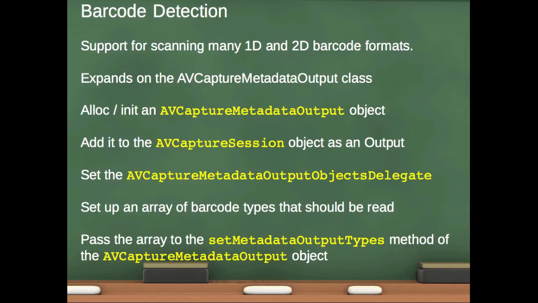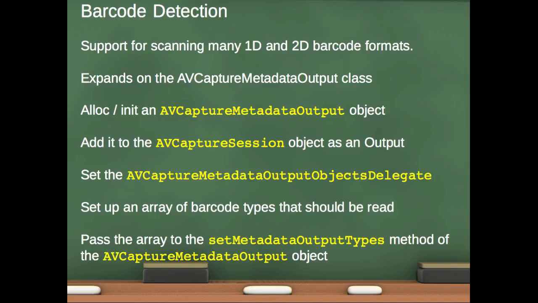So the process for programming this is to allocate and init an AV Capture metadata output object. And of course, we already have a capture session, so we make the metadata output object and add it. We call the add output method of the AV Capture session and pass in the AV Capture metadata output object that we just created.